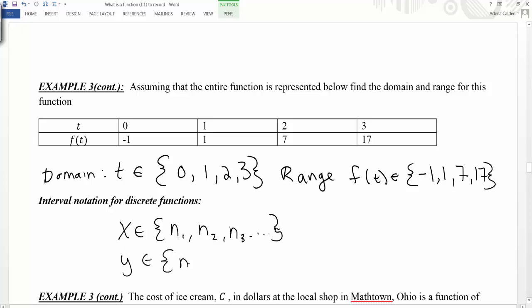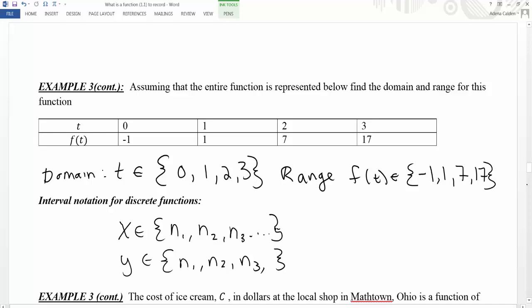So again, we're going to list the numbers that y can take on as values, or the dependent variable can take on as values, in the curly brackets and as an ordered list. We write these in order generally from the smallest value it can take on to the biggest value it can take on. So that's the notation that we're going to be using for discrete functions in this course.